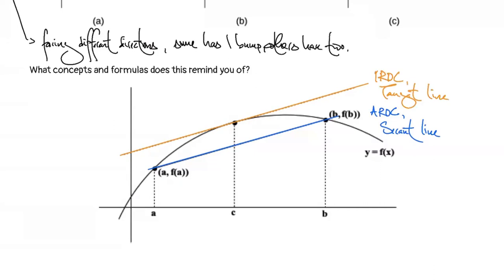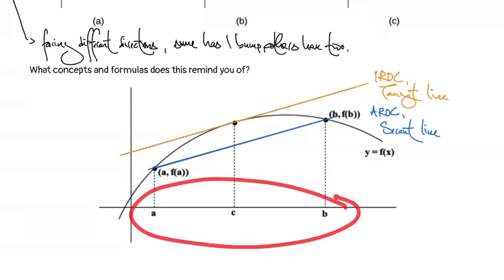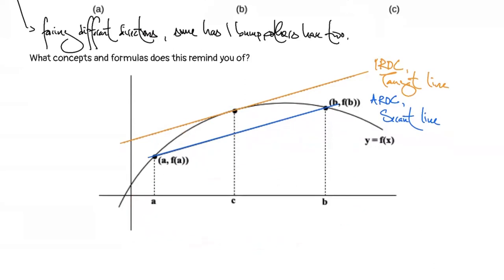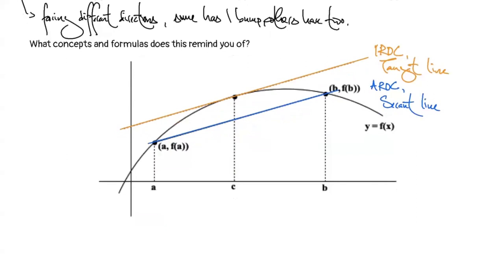And yeah, it does kind of look like that formal definition of the derivative. Like if a and b were super close together, then we would have our formal definition picture, right? But what can you tell me about the average rate of change and the instantaneous rate of change in this case?